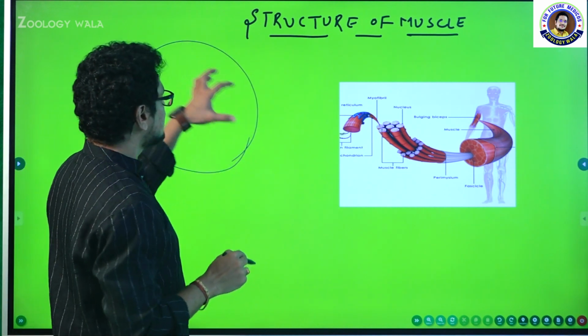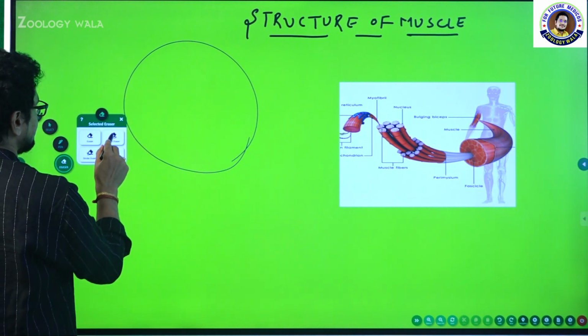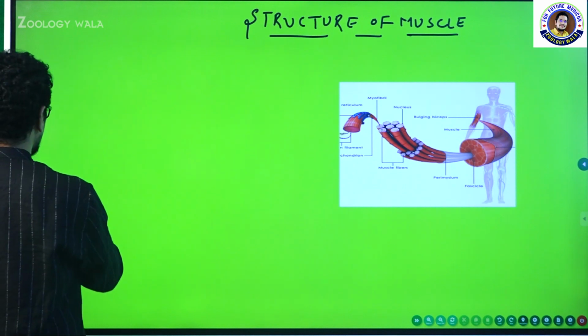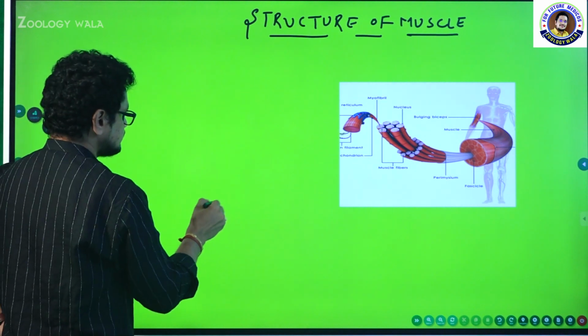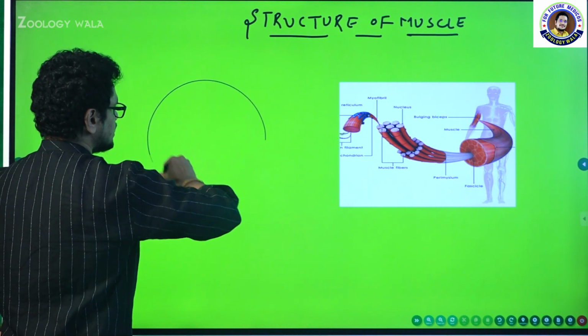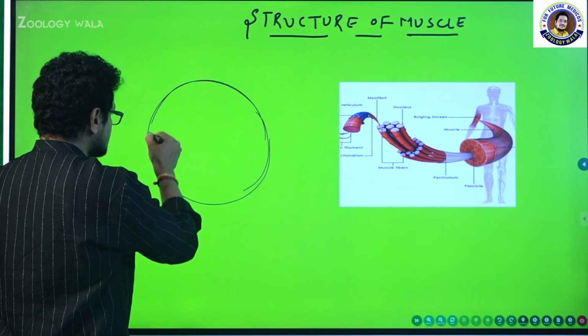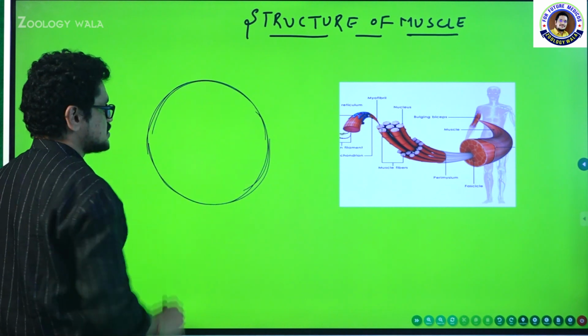That layer of muscle is epimysium. So epimysium is the outermost layer of the muscle, and here I have represented epimysium.